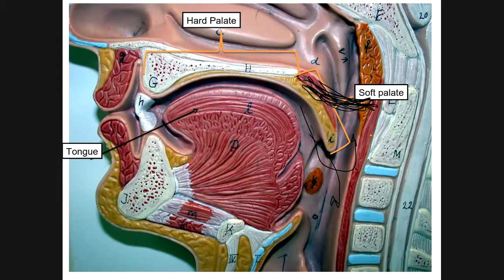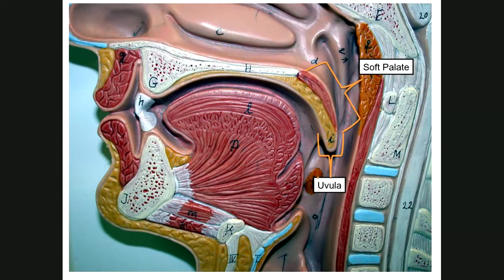But this soft palate, its job is to prevent food from getting up into the nasal cavity. Nasal cavity is very thin tissue. It's pseudostratified. And if you get food or liquid up here, it burns, it hurts because it's very thin tissue. If you look at the tip of the soft palate, there's a little hangy down little thing.